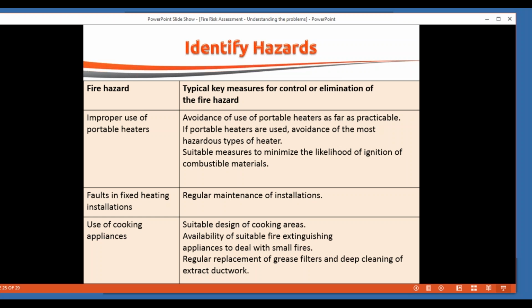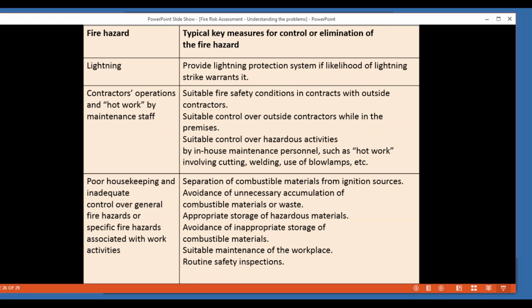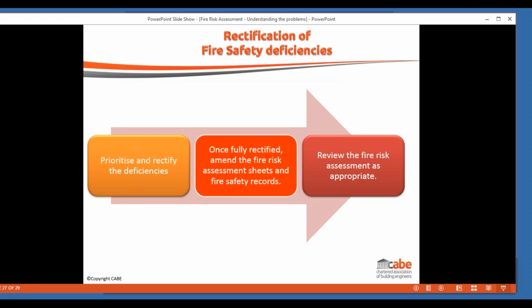And a lot of the fire risk assessment at that stage is an education process in explaining to the person responsible for the premises why they need to do things and the importance of doing things in a certain way. And then once we've run through and done our assessment of the potential hazards and worked out what might go wrong and what potentially needs to be addressed, then realistically we're actually looking at putting right what isn't right and what isn't there and what's not correct.